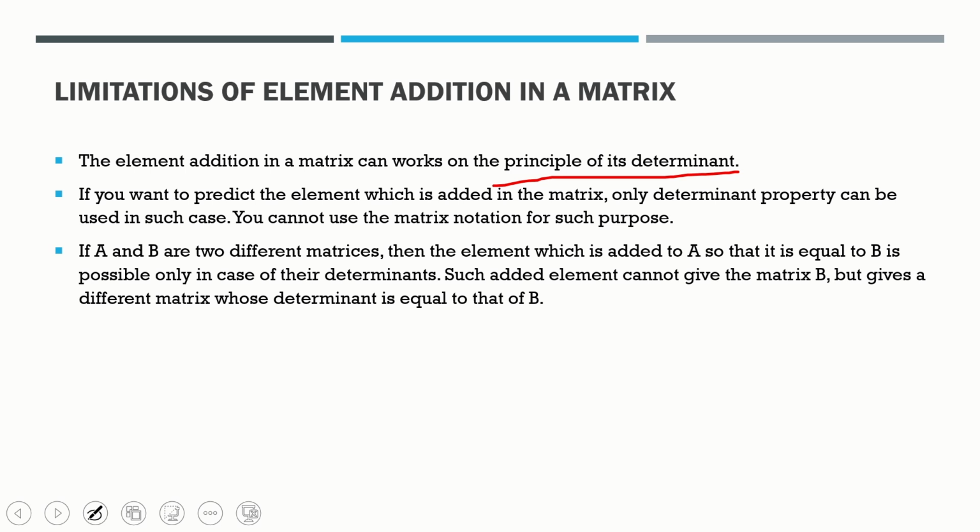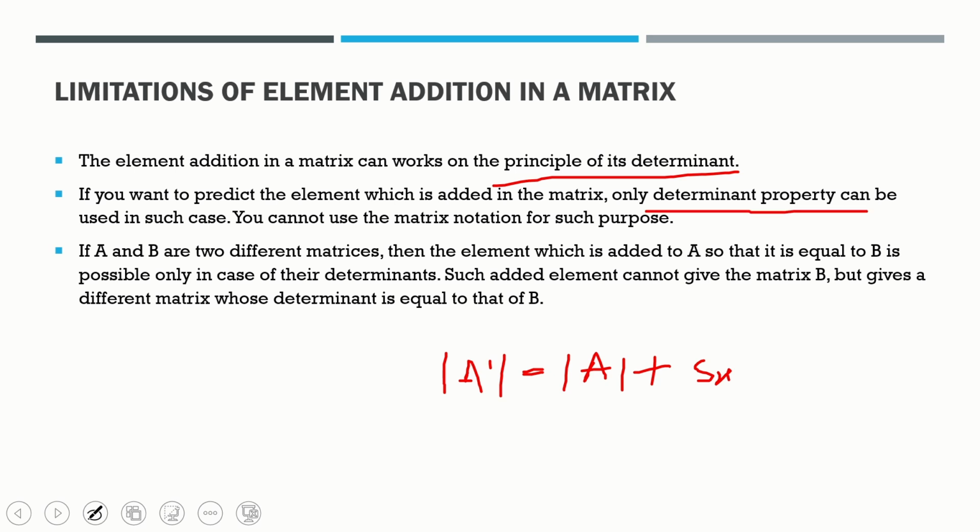As I explained to you, suppose you have the A dash value, and if you have the A value, then you have the S value. From this formula only you can predict.